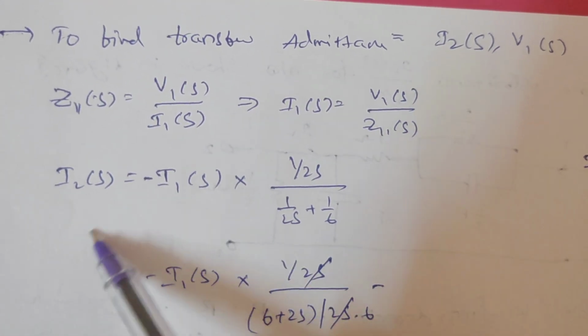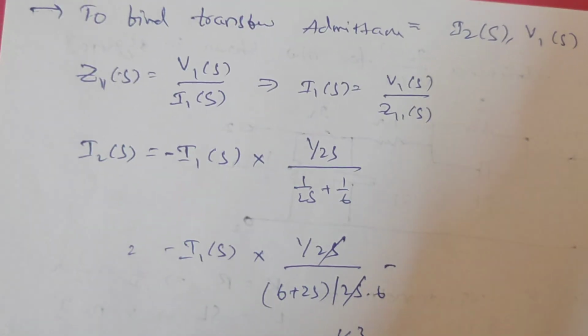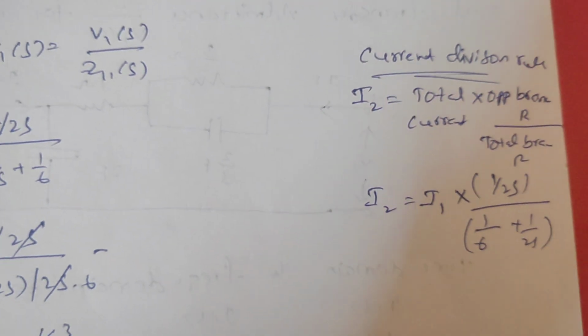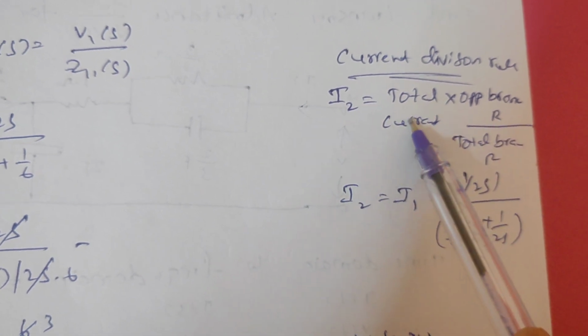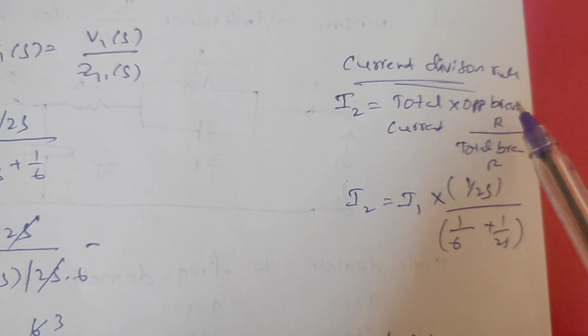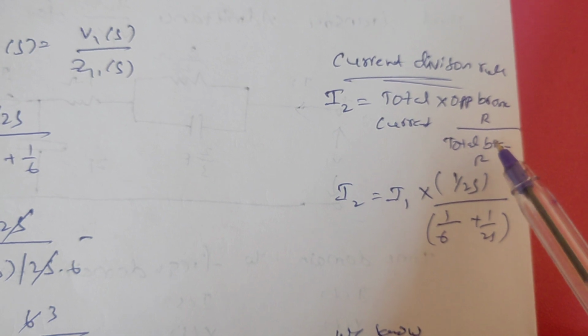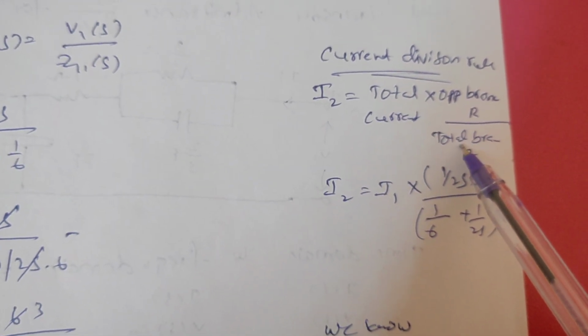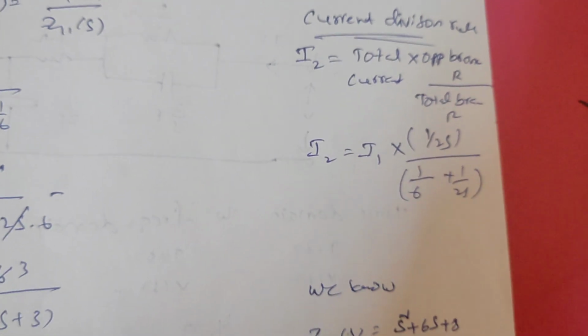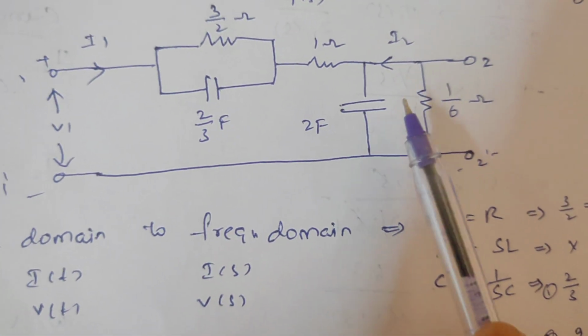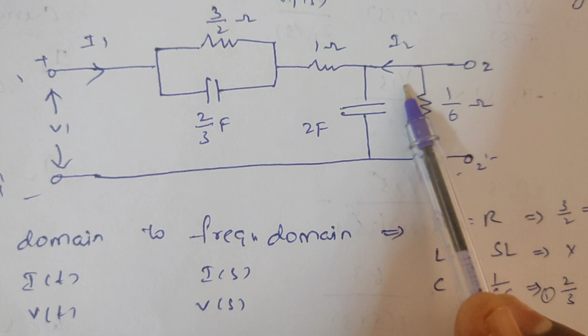To find out that I2 of S, here I am applying the current division rule. The current in a particular branch is equal to the total current into the opposite branch resistance by the total branch resistance, where the total branch resistance is the opposite branch resistance together with the current branch resistor. In this network, this is the second branch current I2.